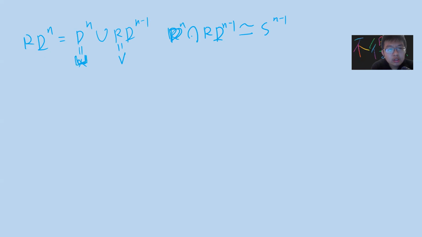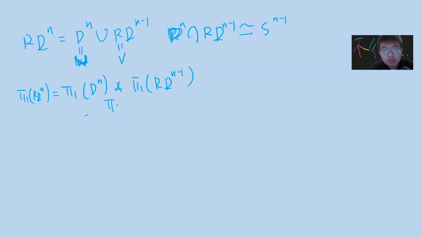Okay, now it's very simple, right? Because I can use the Van Kampen theorem. So pi 1 of RPn is pi 1 of Dn, free product with pi 1 of RPn minus 1, amalgamated over pi 1 of Sn minus 1. Let's assume that n greater or equal to 3, right?